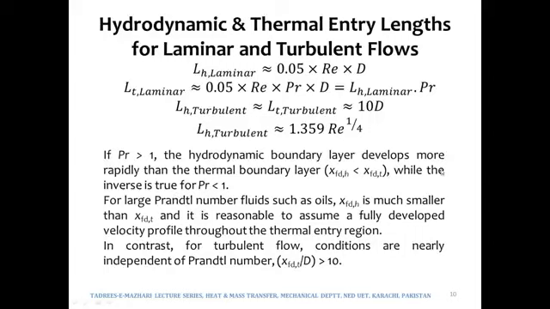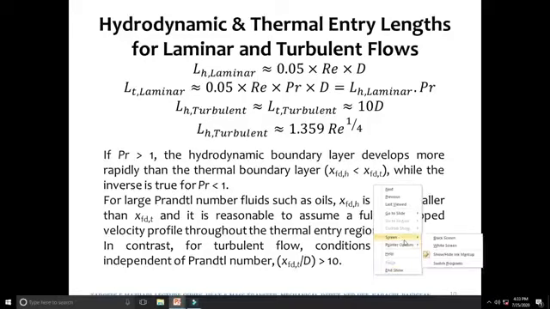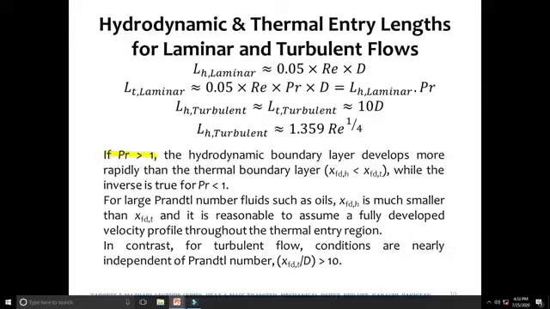If you recall, we already have gone over this discussion, where if the Prandtl number is greater than 1, then the hydrodynamic boundary layer would develop more rapidly as compared to the thermal boundary layer. We discussed this while going over the topic of Prandtl number, which is in fact a ratio of delta over delta t.